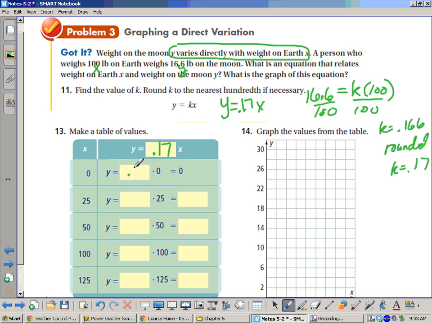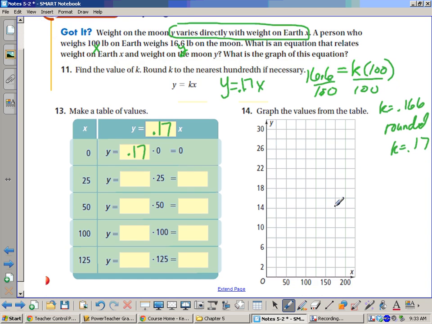So we're going to go through and fill in this table. When x is 0, we get 0. So we're going to graph this. So we get 0, 0. Okay. All direct variations go through the origin.